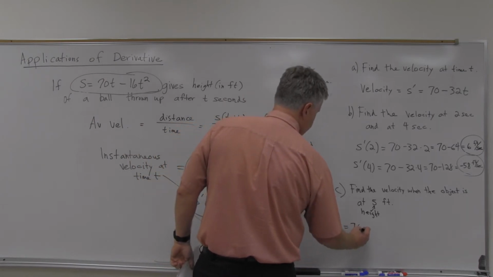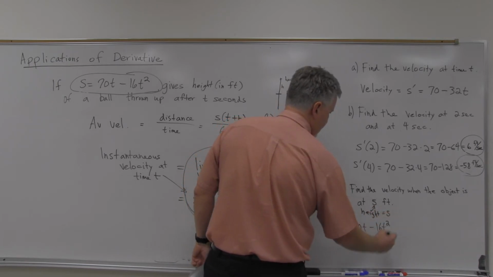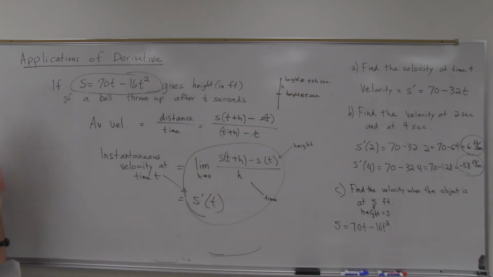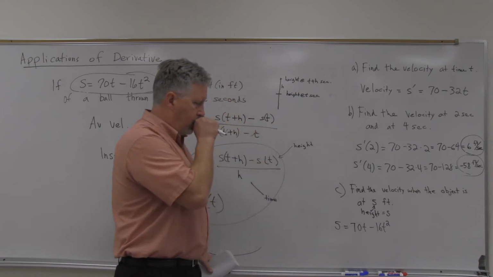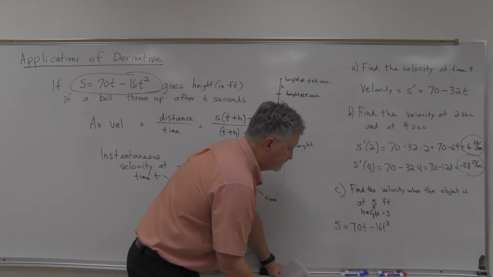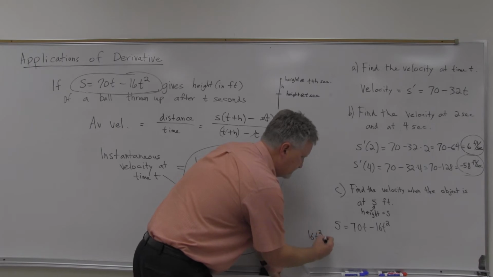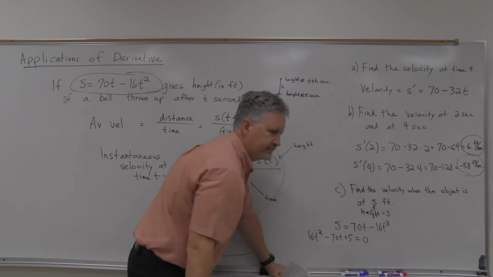So it's S equals 70t minus 16t squared. The height being S, so I'm plugging in the 5 here for my S, which sets up a nice little quadratic equation. I need to make one side 0, so let's make it 16t squared minus 70t plus 5 equals 0.